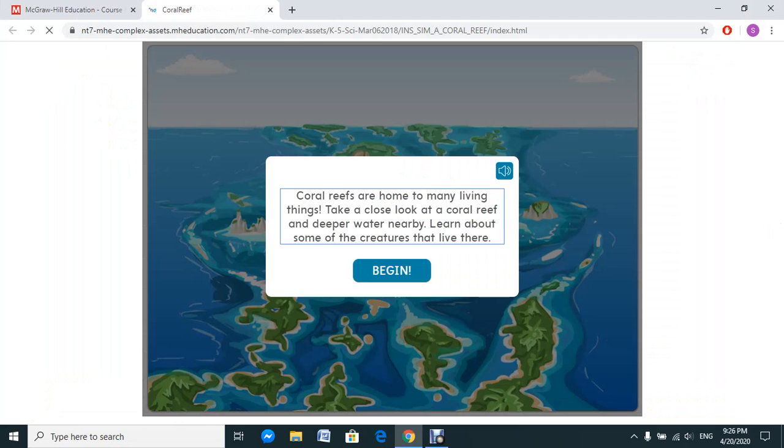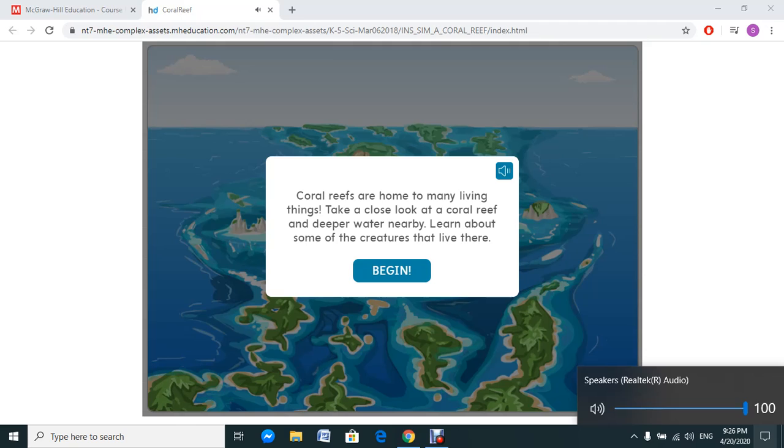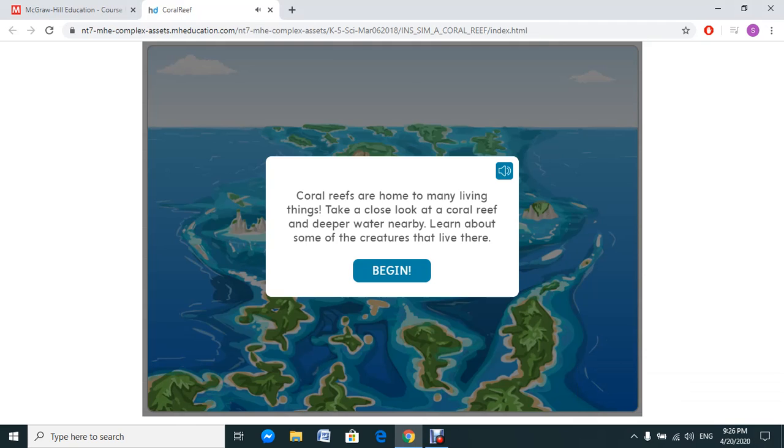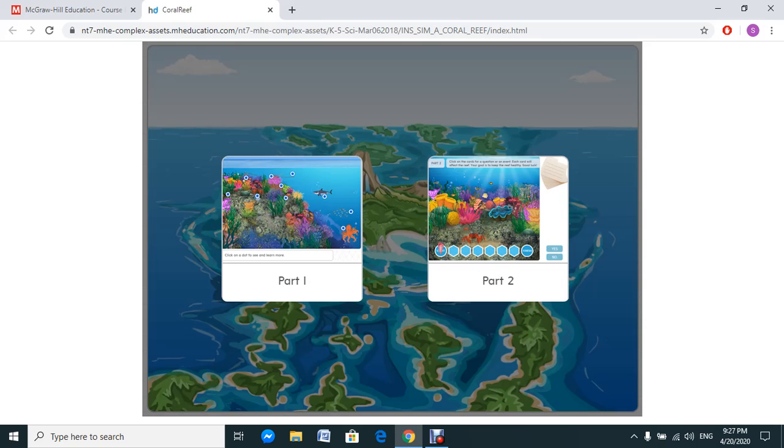Living things in coral reef. This is the second part. Yes, so we're going to see a coral reef and learn more about animals that are living there.